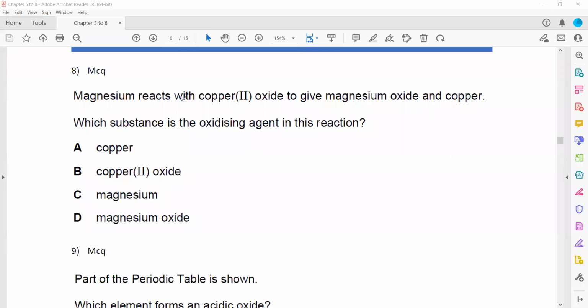In question 8, magnesium reacts with copper oxide to give magnesium oxide and copper. Which substance is the oxidizing agent? The best way to solve this question is to write an equation. So magnesium is there, which is Mg. It is reacting with copper(II) oxide. Copper(II) oxide means copper valency is +2 and oxygen belongs to group 6, so -2. When we simplify the valency, the simplest ratio is 1:1. So the copper oxide formula is CuO.